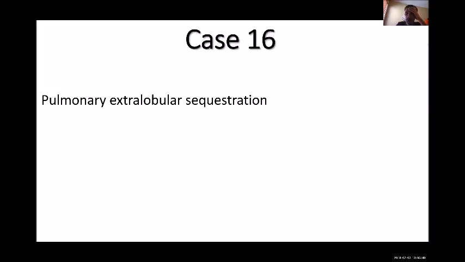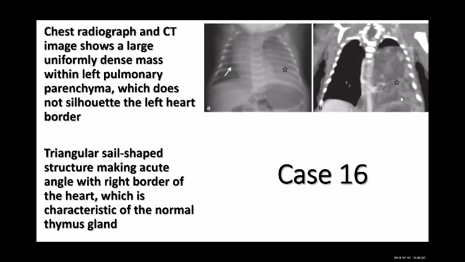Do you see it? Yeah. And why is it not CPAM? So remember, this is normal lung, this is normal lung, this is thymus, and this is the mass. CPAM and sequestration look exactly the same on the X-ray. CPAM has 4 types, and type 4 is the CCAM, or cystic adenomatoid malformation.